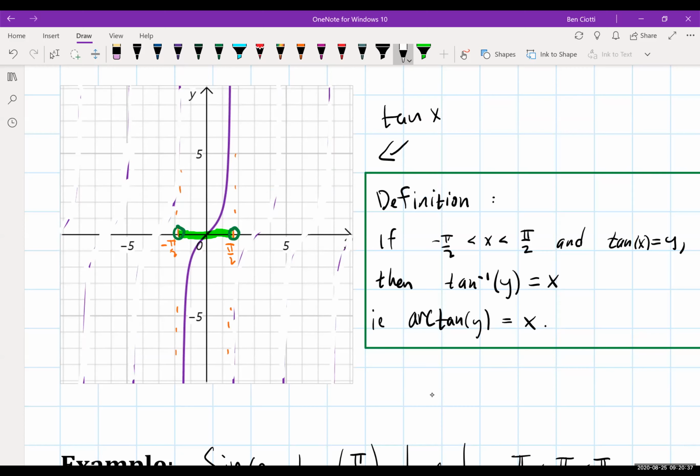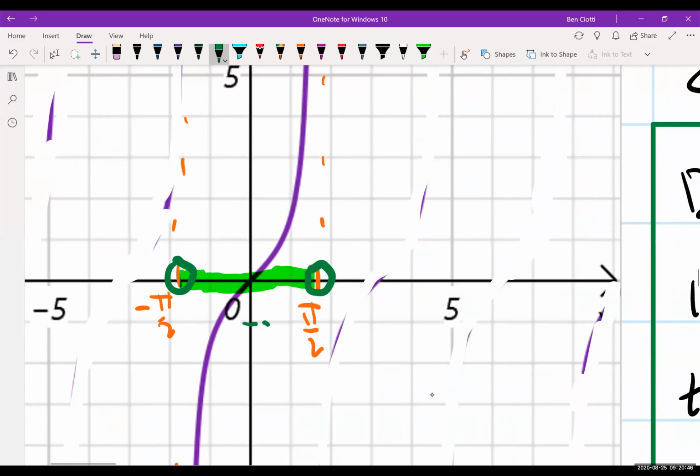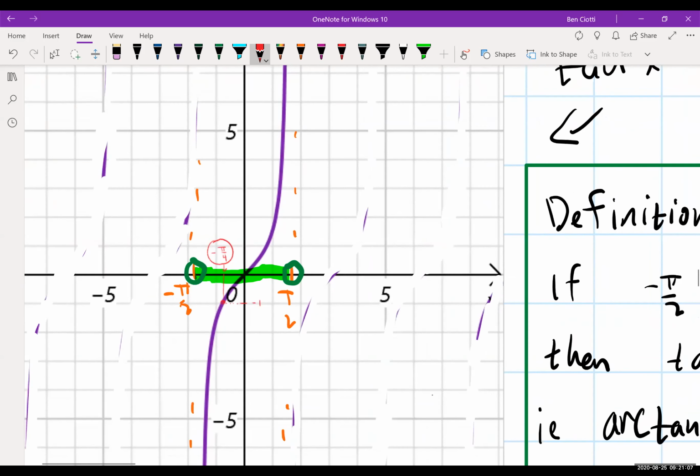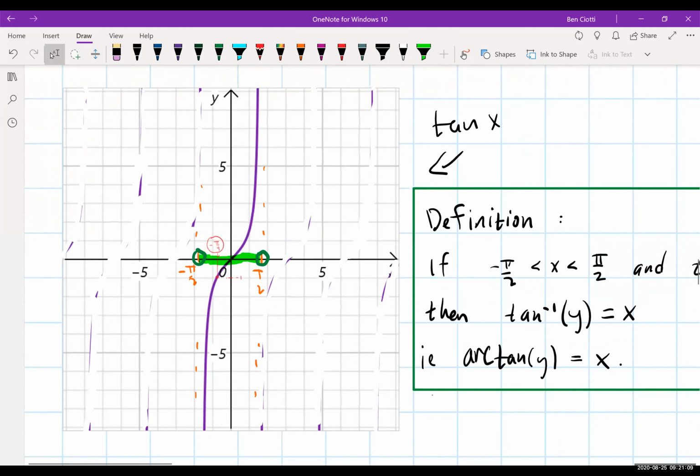So the angle whose tan is -1, there's -1. This angle right here is negative pi over 4. So tan inverse of -1 is negative pi over 4.